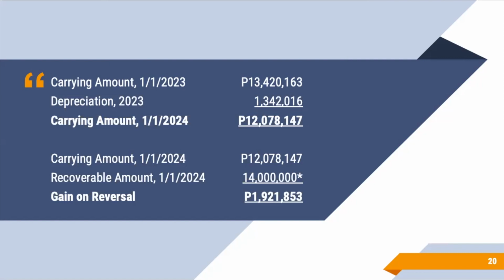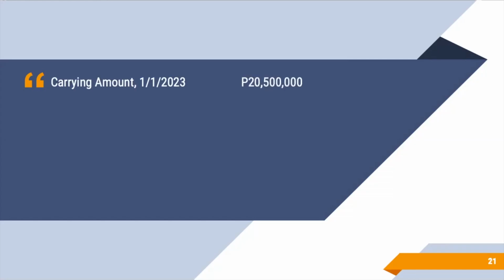So let's compute for the would have been carrying amount. Balikan natin yung moment na wala pang impairment loss. On January 1, 2023, kung walang impairment na naganap, ang carrying amount sana is 20,500,000. At ang revised useful life is 10 years na lang daw.